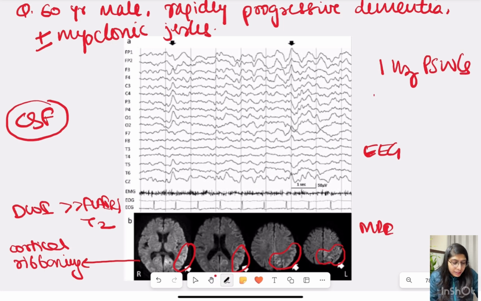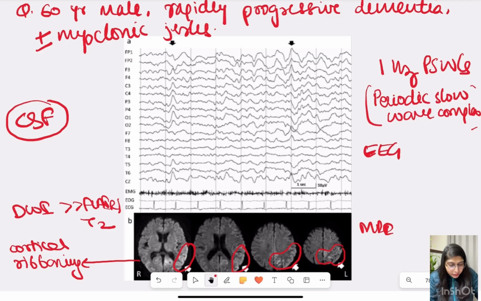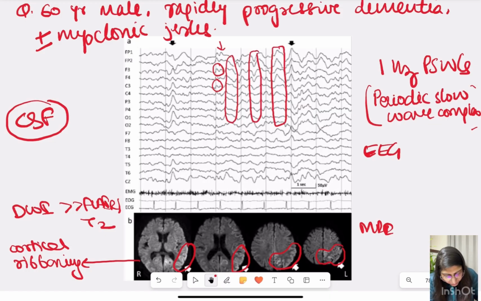PSWCs. Now what are PSWCs? Periodic slow wave complexes. If you see here, look carefully, one here, and also these, then these are the 1 Hertz. So why do we call it 1 Hertz?